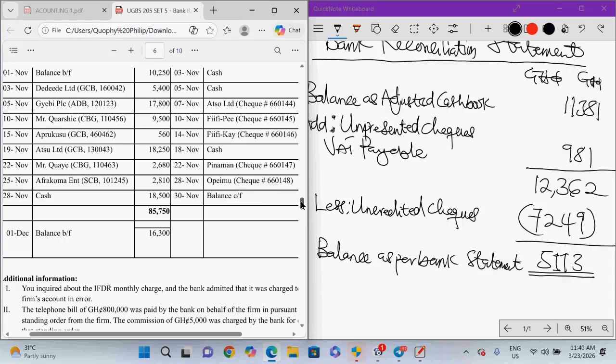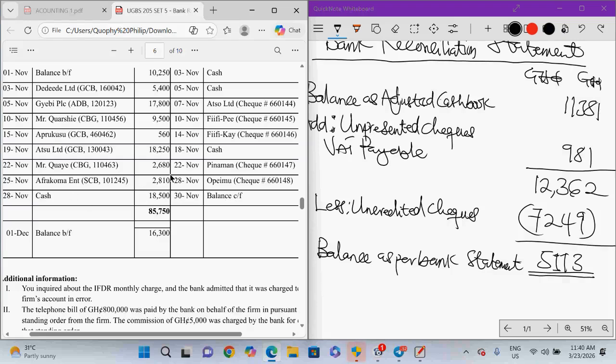So what do you think will be the entry? You are going to credit the adjusted cash book because it has been dishonored. When they received it, they debited their account, right? The cash book was debited, receipt, 2680.